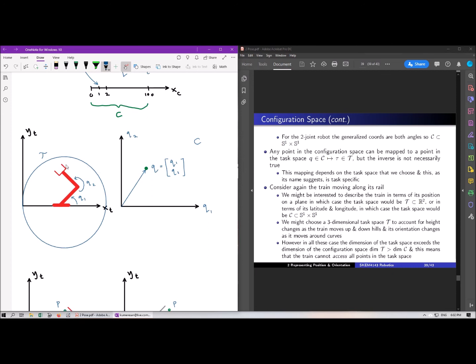Perhaps a point, because you can imagine this is my task space and this is the maximum my robot can reach, right? So anything within this circle is my task space. But if I choose a point here which is beyond the reach of my robot, I cannot map this point to here.